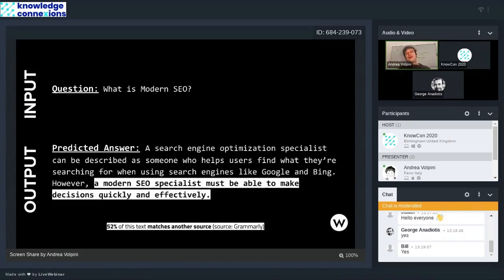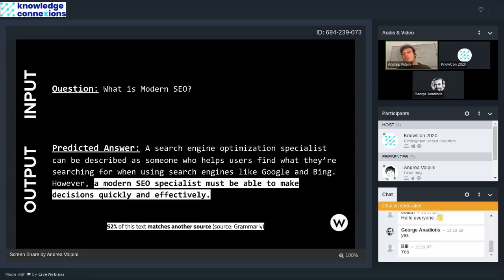So now, what is modern SEO, or what does the machine think of modern SEO? And here I'm going to read the answer. The answer is: a search engine optimization specialist can be described as someone who helps users find what they're searching for when using search engines like Google and Bing. However, a modern SEO specialist must be able to make decisions quickly and effectively.